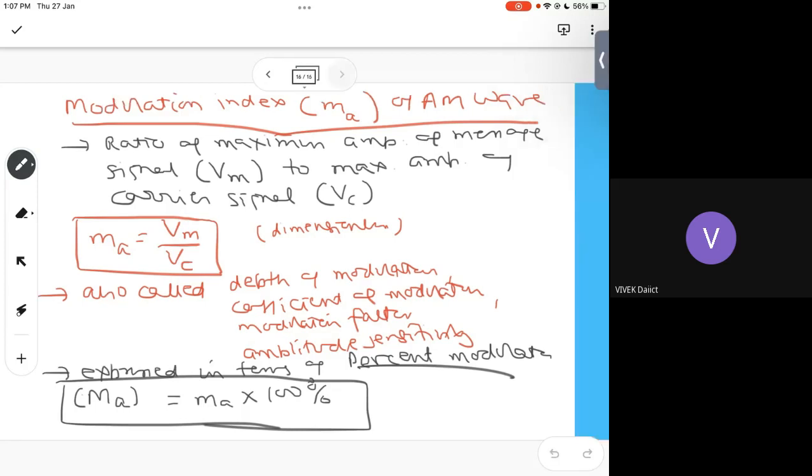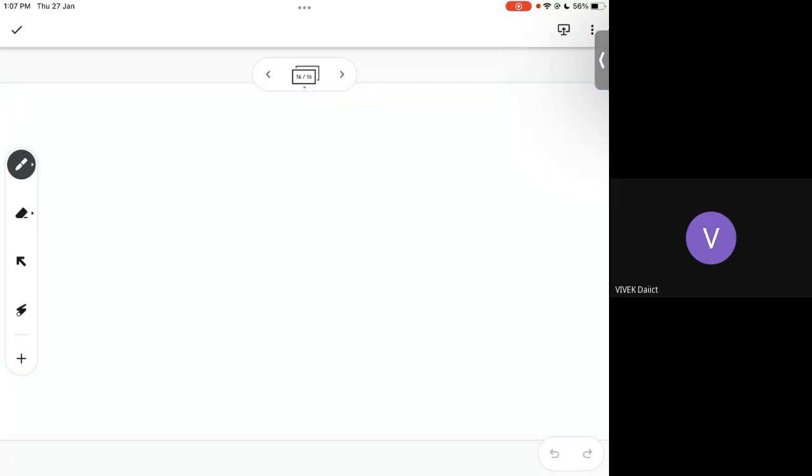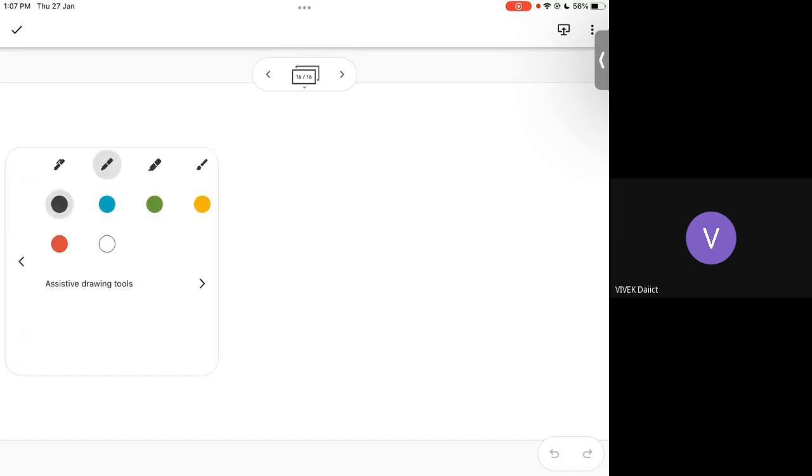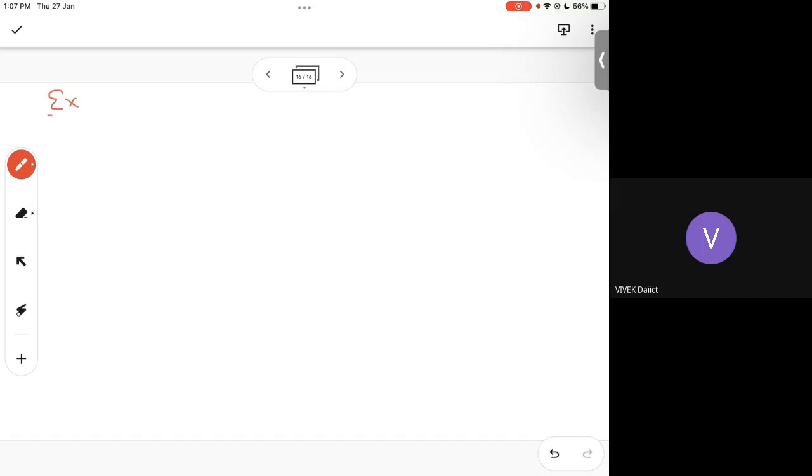Let's do one example based on that before we wind up for today's lecture and start with the more mathematical understanding of AM.